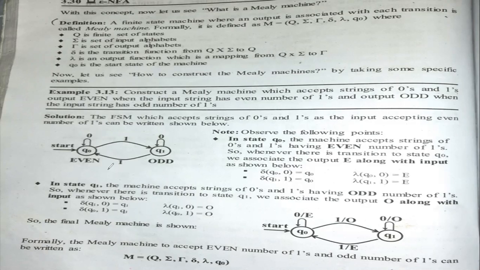Then what about Q1? In state Q1, the machine accepts strings of zeros and ones having an odd number of ones. So wherever there is a transition to state Q1, we associate the output O along with the input as shown below. See, these are the 2 varieties: delta of Q0 comma 0, delta of Q1 comma 1.